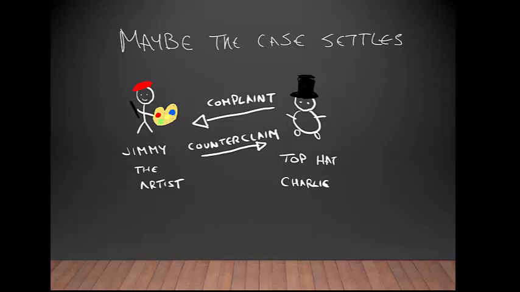Maybe the case settles. All throughout the process, there's pressure from the court and there's incentives for both sides to settle the case. That can be for a number of reasons.